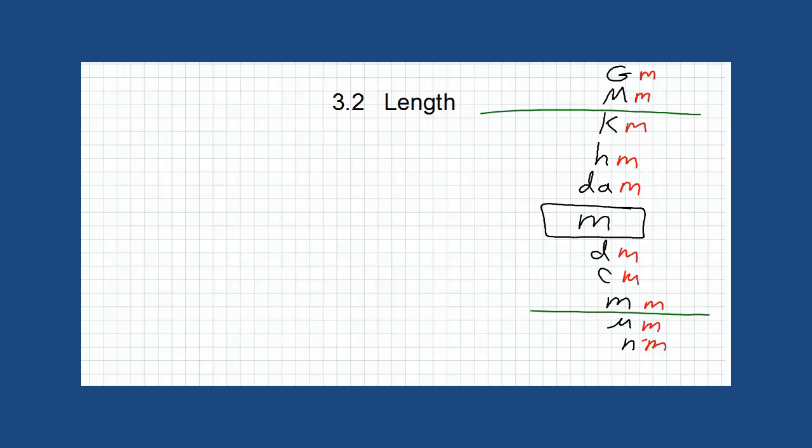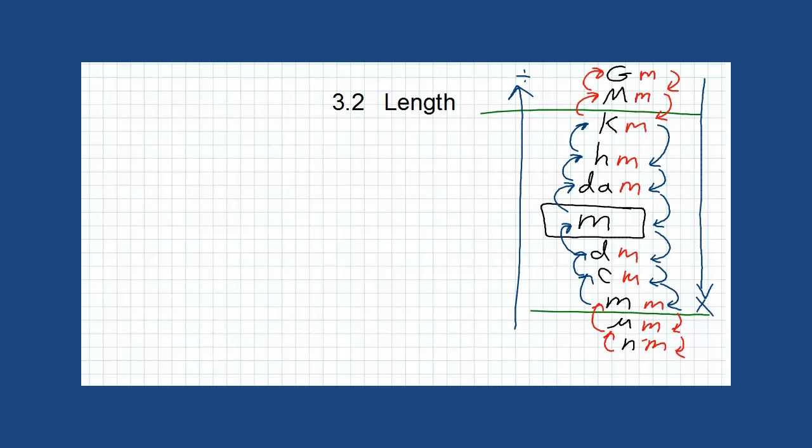Between these two green lines, any step of conversion, you should use the factor 10 to do it. If you are changing from a large unit to a small unit, you always need to multiply. And if you need to change from a small unit to a large unit, you always need to divide.